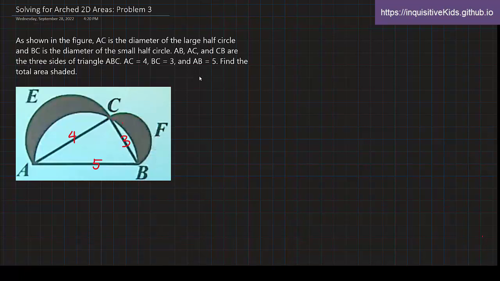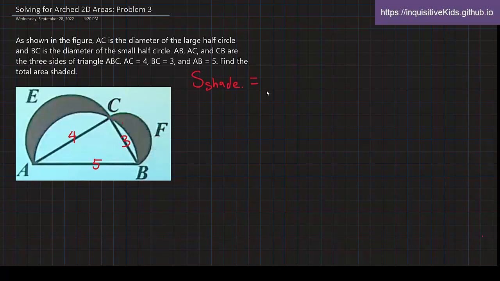So I'm going to use the S. S is just representing size, but it's also what we write for area. So S of shaded, I'll just write shade, is equal to what?